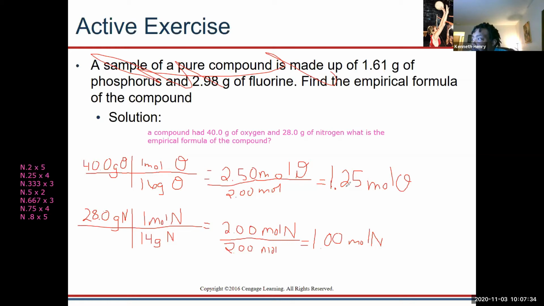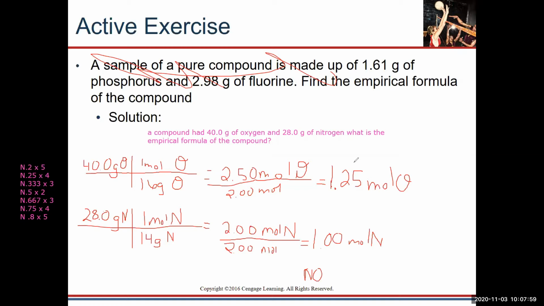Well, you don't want the three significant figures. But you know what? Never mind. I have 1.25 and I have 1.0. Can I just round that to 1? Or do I need to do something else?